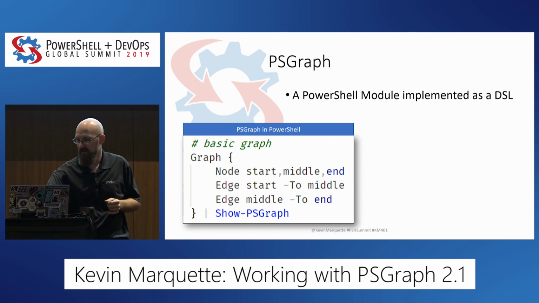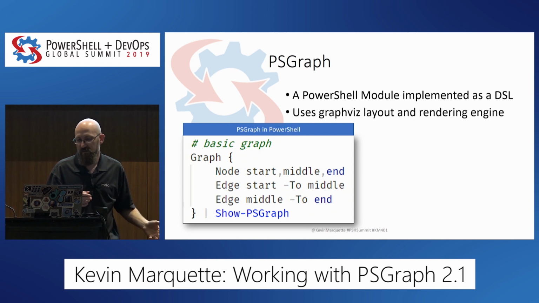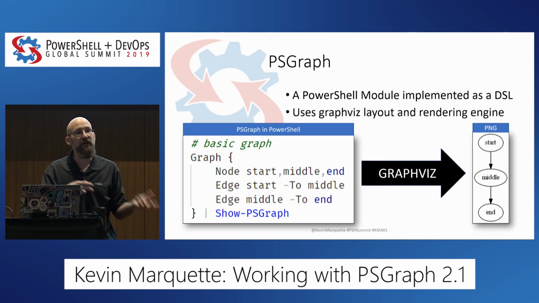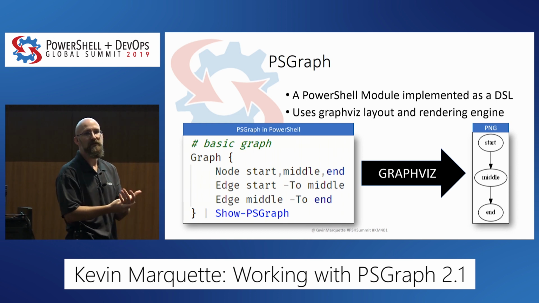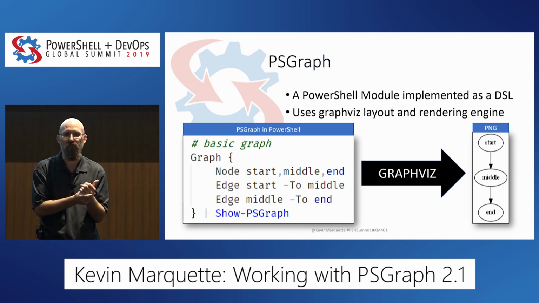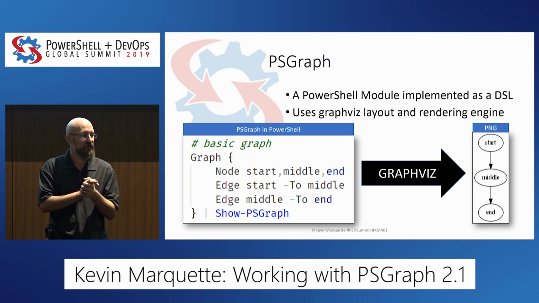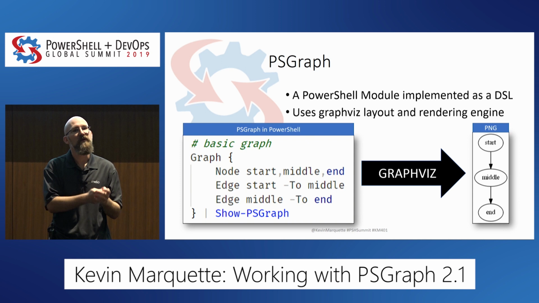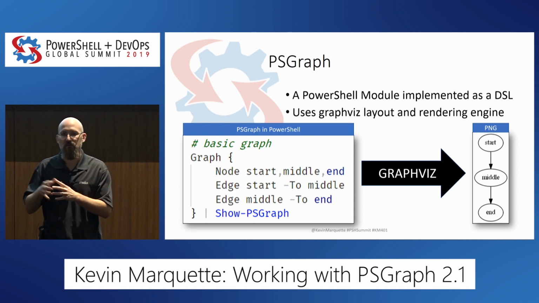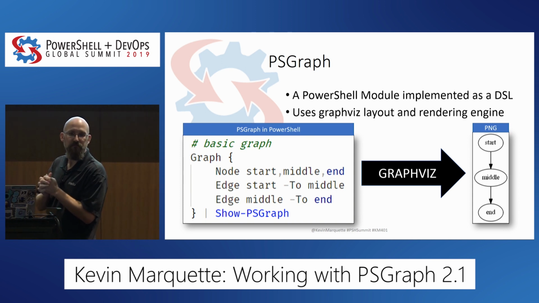Then I pass all this off to a rendering engine called GraphViz, a pretty popular open source tool for building diagrams like this. So what I'm really doing is making it easy to work with, especially if you're in PowerShell, to do more complex diagrams.